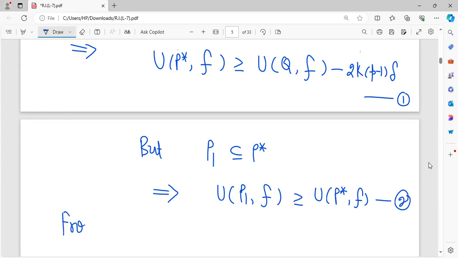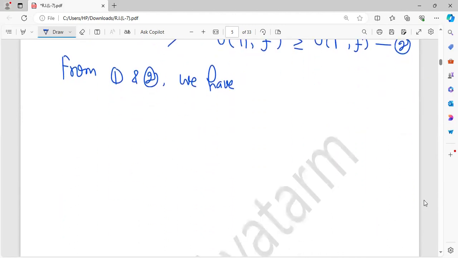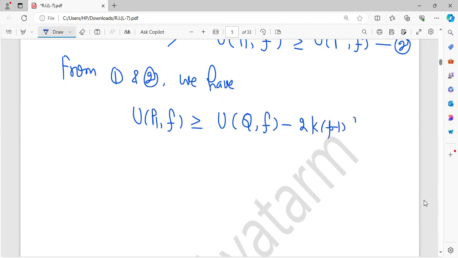From 1 and 2, we have U(P1, f) is greater than U(Q, f) minus 2k(p minus 1) delta.